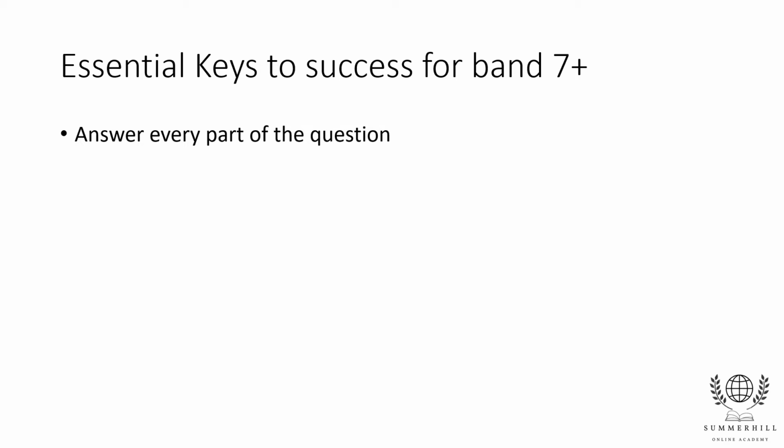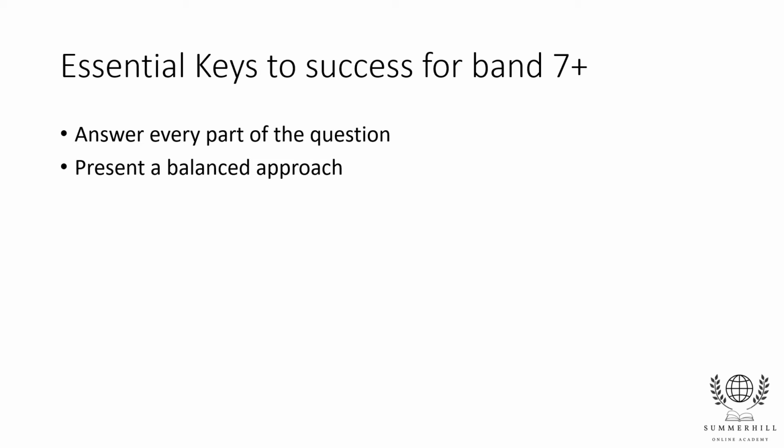Similarly, if the question asks us to discuss both views regarding a particular issue, we must be careful to always talk about both views, or both the causes and the solutions, or causes and effects. Basically, answer every part of the question that we have. And of course, it's also important to answer every part of the question equally.